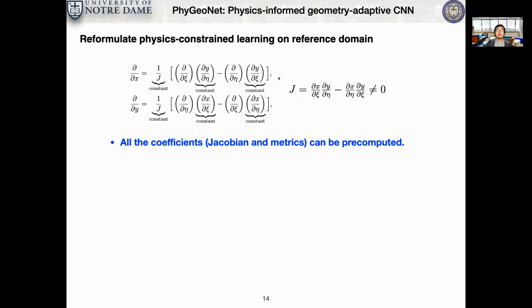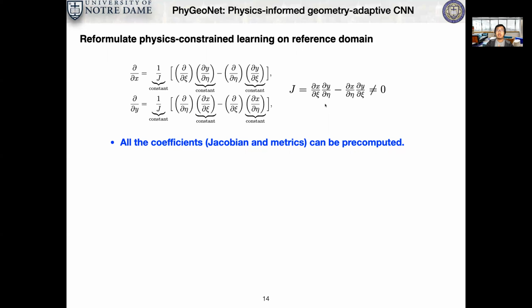To enable physics-constrained learning in the reference domain, the original PDE defined in the physical domain has to be recast in a form on the reference domain. Specifically, we need to compute the Jacobian of the transformation map G, and convert the differential operators from the physical domain to the reference domain. Finite differences are used to numerically compute the Jacobian, which has to be performed in the reference domain.